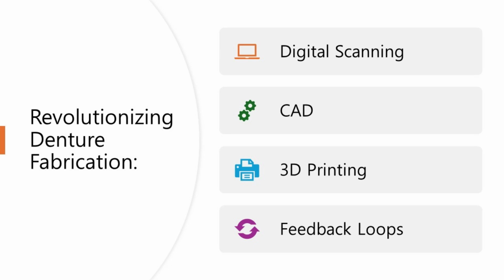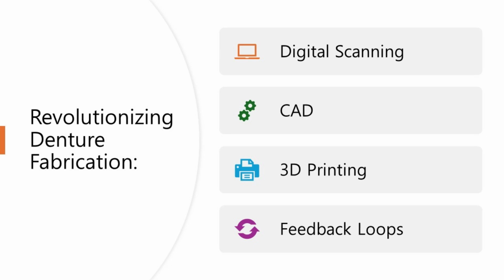Computer-aided design. With digital impressions available, we utilize CAD to design and visualize dentures with remarkable accuracy. The ability to easily design custom trays and implement techniques like Gothic arch tracing enhances productivity by facilitating rapid design changes and ensuring precision in both temporary and final denture production. 3D printing.